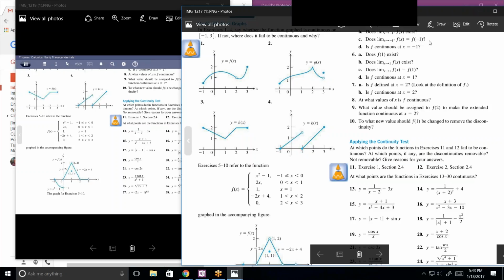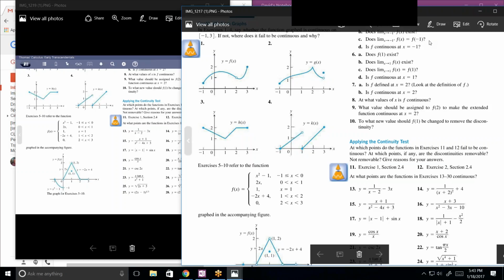Okay, so C says, does the limit as we approach minus 1 from the right equal f of minus 1? What's f of minus 1? That would be 0. So it's the same.